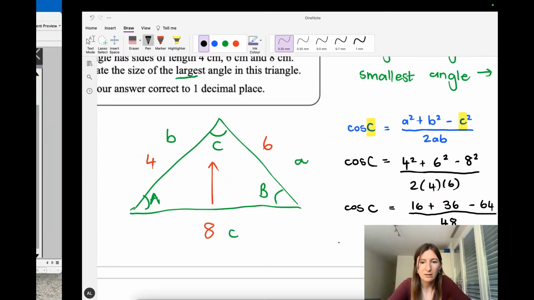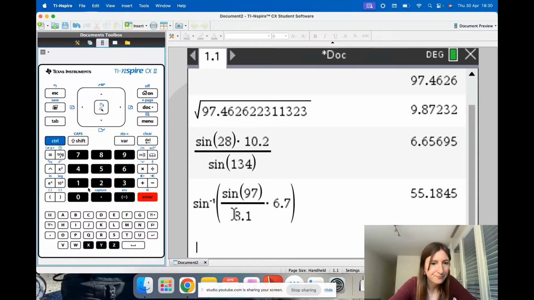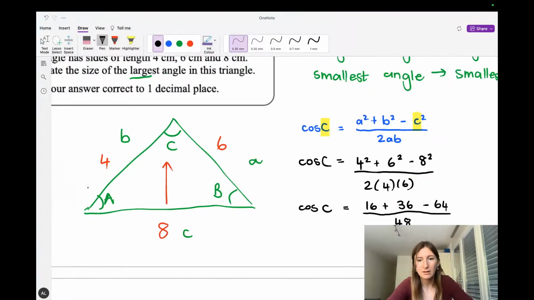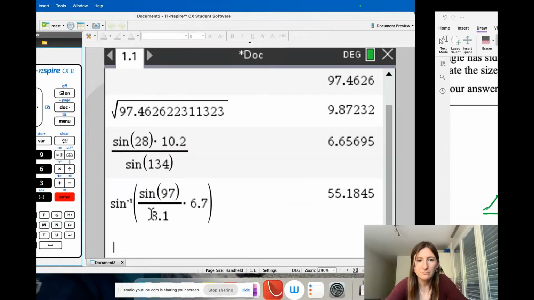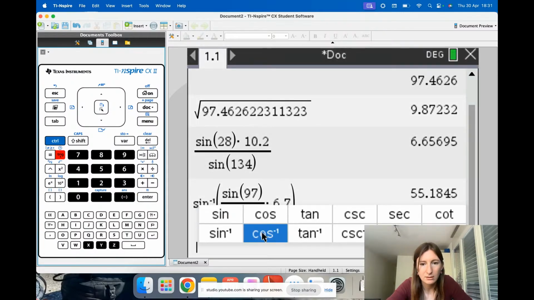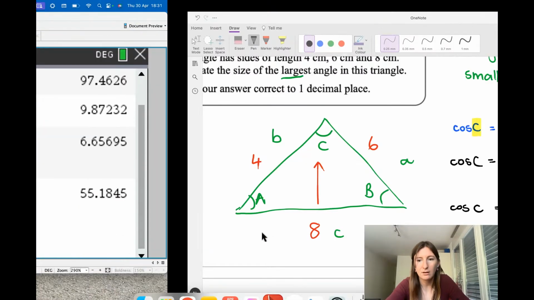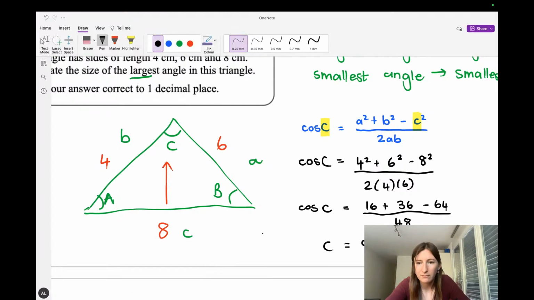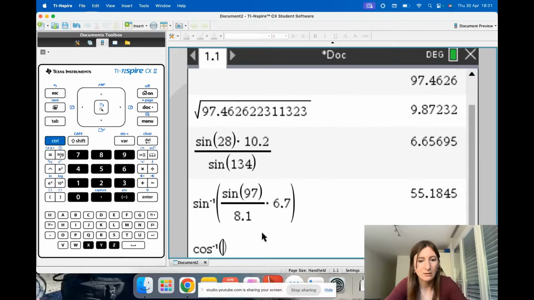So let's put that in on a calculator. Let's go and do the whole thing all together. We need cos minus 1 of 52, I said, minus 64.